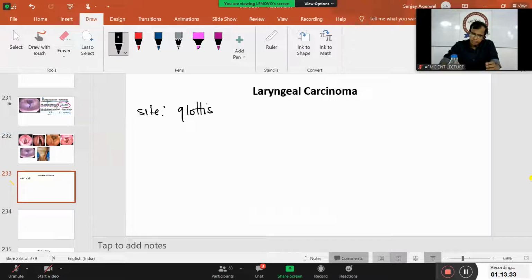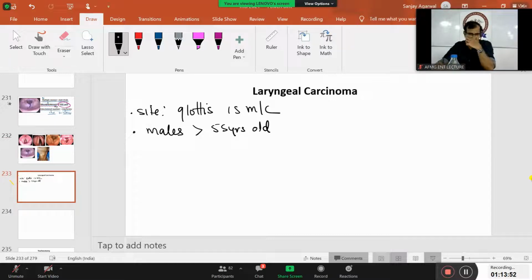Glottis. We all know it is more common in males who are more than 55 years old.